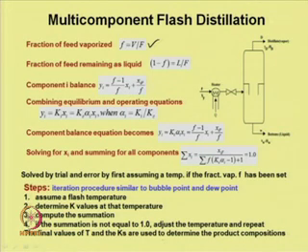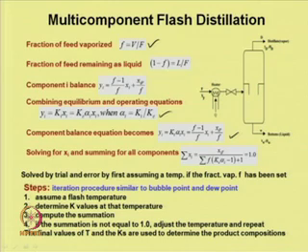If we combine equilibrium and operating equations for multi-component systems, as we have seen, y I would be equal to K I x I, which is K C alpha I x I, where alpha I is K I by K C. So the component balance equation becomes y I equal to K C alpha I x I equal to (f minus 1) by f x I plus x I F by f.